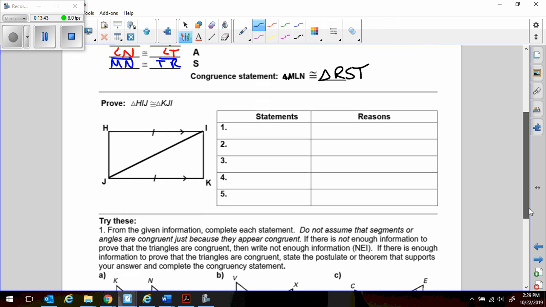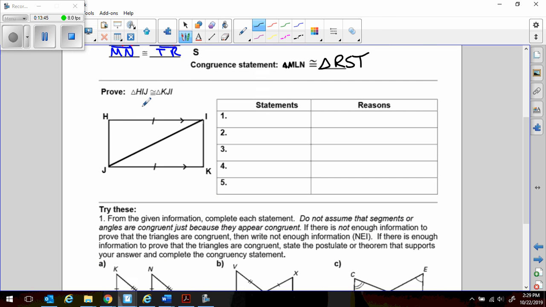This is what a proof would look like. I'm always going to start with what is given. Remember, we always start with what is given. I'm given that this side, HI, I make it a side by putting a line above it, is congruent to the other side, JK. And how do we know this? I always know that it's because it's given. They have little arcs in there.